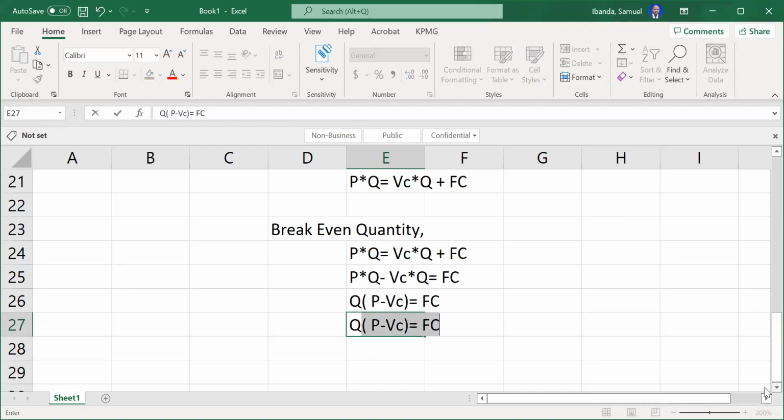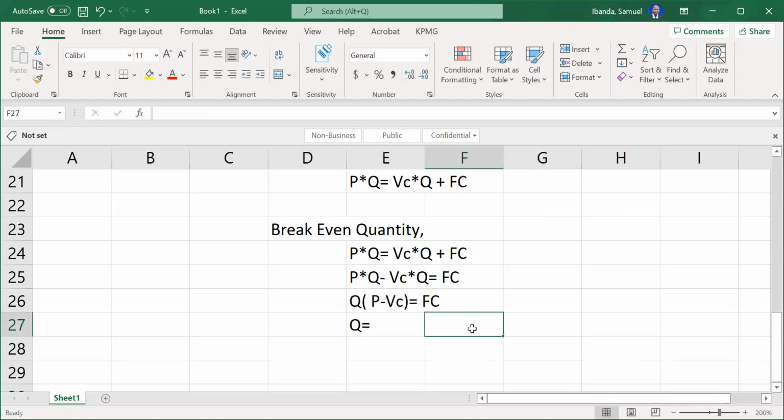So what this means is that my Q is the same as, now I want to divide through by P minus VC. The end equation that I have is FC divided by P minus VC.